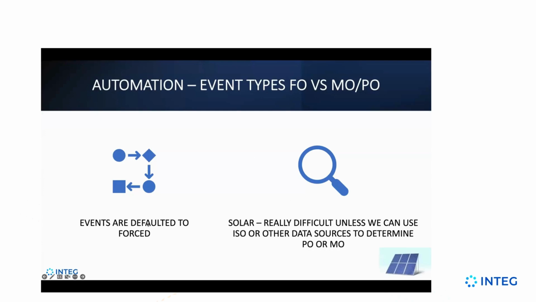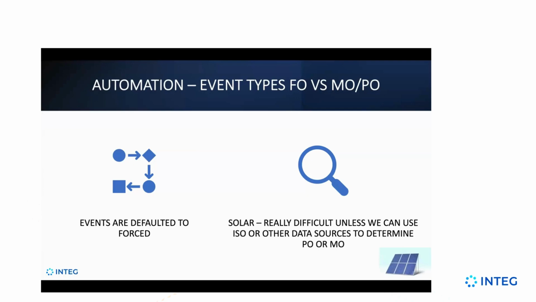For the event types, default to forced, and then depending on what your system gives you, you may or may not be able to tell. And most folks are just not able to tell whether it's a PO or an MO. So by default, they're making it MOs, but then they can change it to POs later.